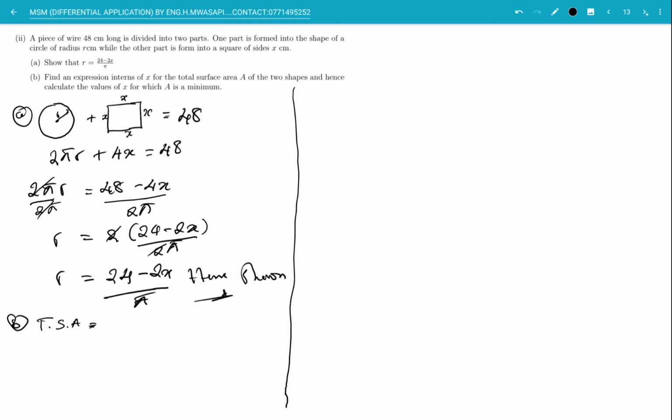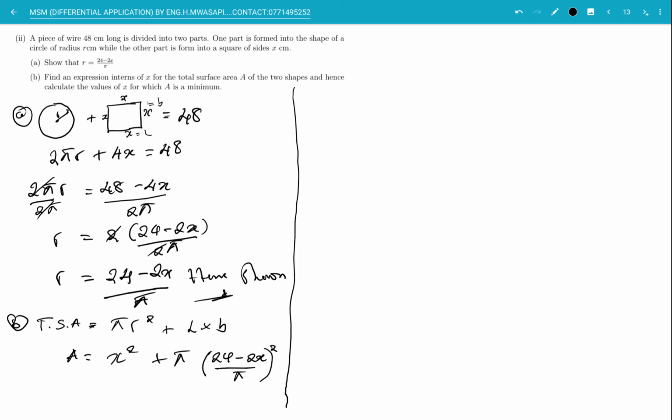A is going to be equal to, to begin with, the area of the square, this is our L and this is our B, so x times x, which is x squared, plus pi, and we know our r. Our r, from what we derived, is 24 minus 2x over pi, and that squared.